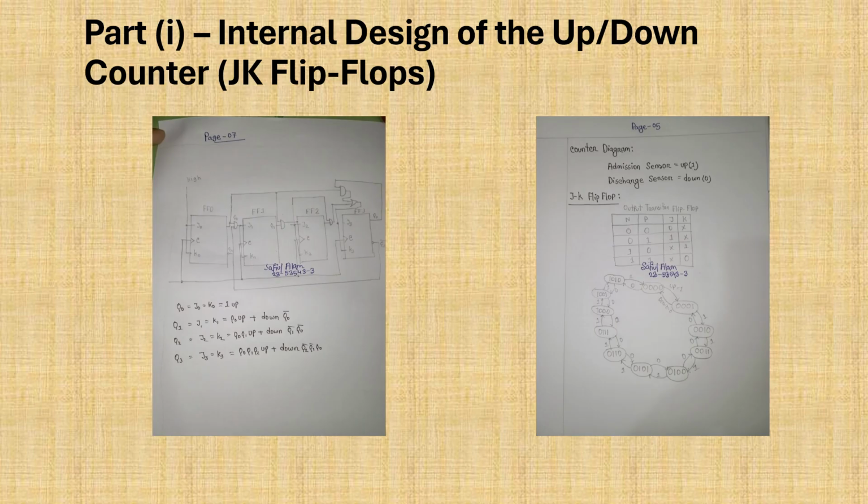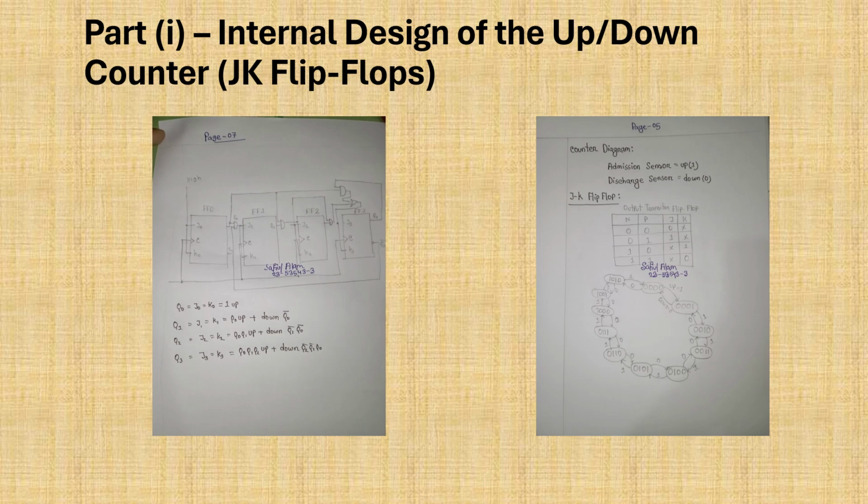The next part is the internal design of the up/down counter with JK flip-flops. Now let me explain the internal design of the counter. I have used 4 JK flip-flops, Q3, Q2, Q1, and Q0, because 2 to the power 4 is 16, and my count has 10 states.